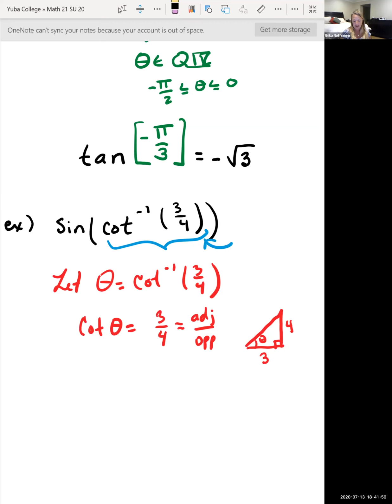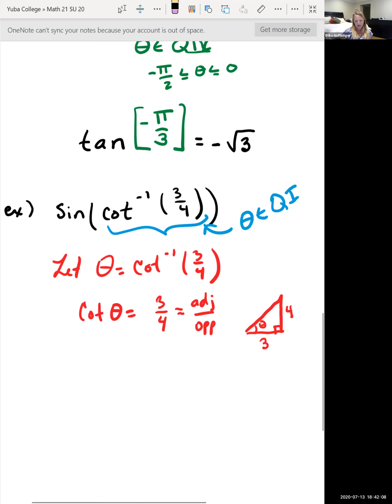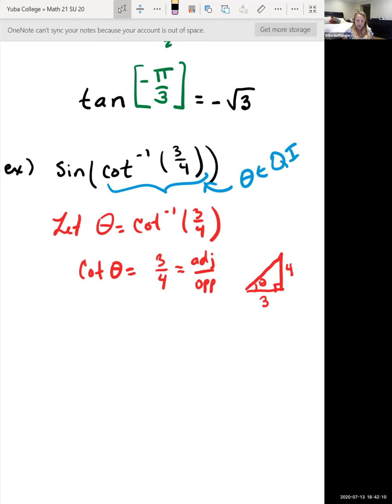So theta has to be contained in quadrant 1. Using the Pythagorean theorem, C is going to equal the square root of 3 squared, which is 9, plus 4 squared, which is 16. Square root of 25 is 5.